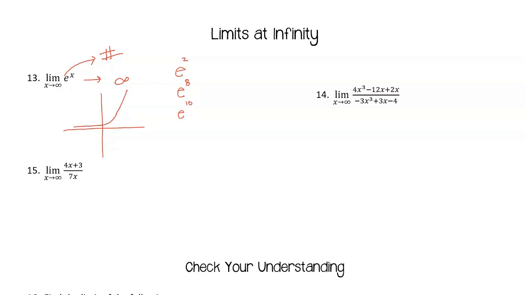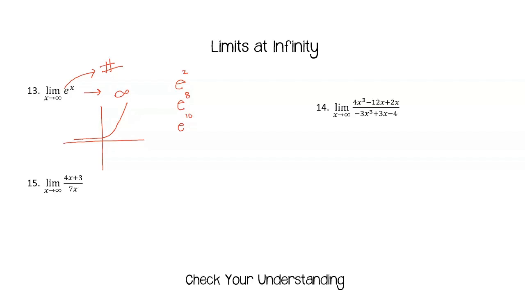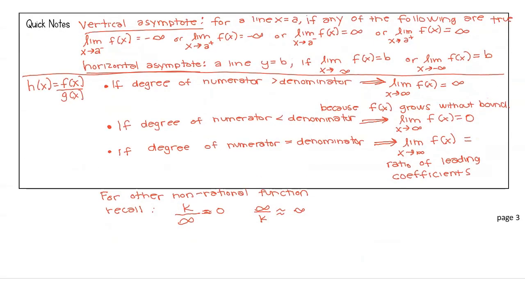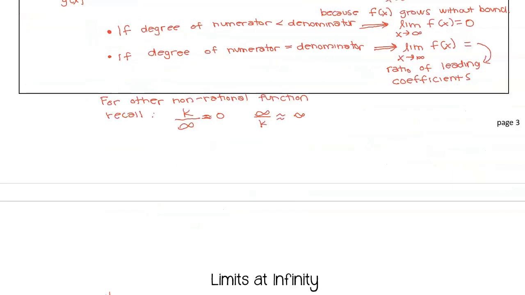All right, let's look at problem 14. And now we're going to use the rules that we had on the previous page. It says to look at the degree. Well, the highest degree in the numerator is 3, and the highest degree in the denominator is 3. This says if the degree of the numerator equals the degree of the denominator, then the limit of f of x is going to equal the ratio of those leading coefficients.